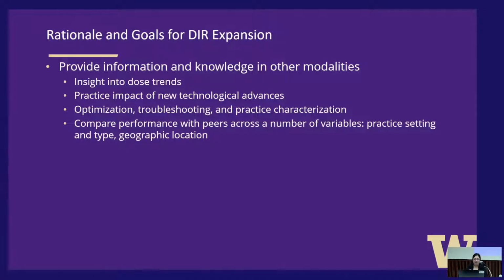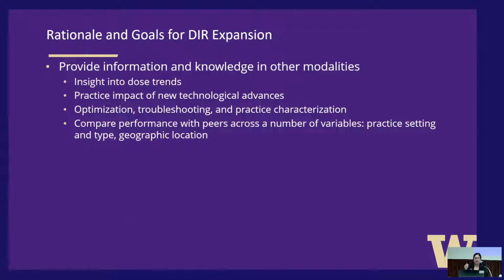Optimization, troubleshooting, and practice characterization, again, is something you want to do, and that's what the DIR provides you, that information. You can compare the performance and peers across a number of variables, practice setting and type, and geographic location. So, as I mentioned when I gave the talk yesterday or the day before, if I am looking at my trauma hospital, I can look at the dose and compare it to a trauma site somewhere else in the United States.